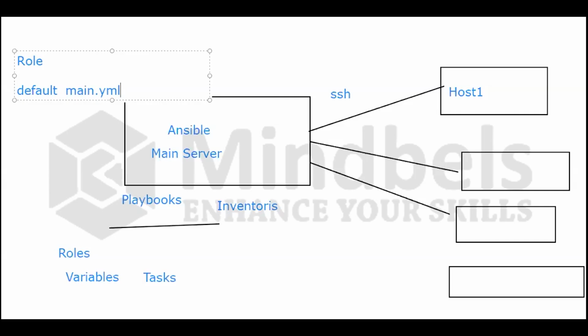My main file is this, and this file is calling other files or other playbooks also. Main, that is default, means the main playbook. So it will go to the main playbook, and in that playbook we can call other playbooks also. So we are defining default as our main.yaml main playbook.